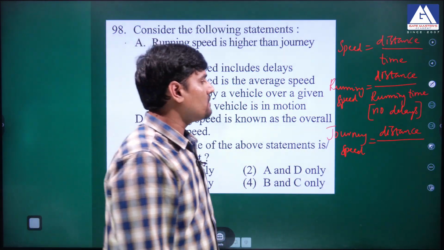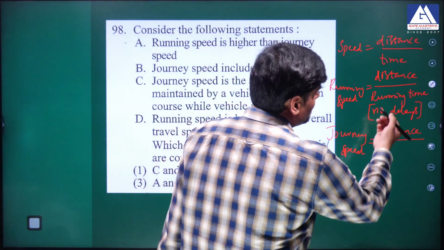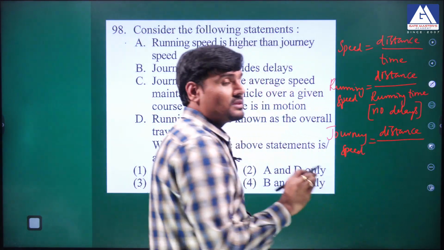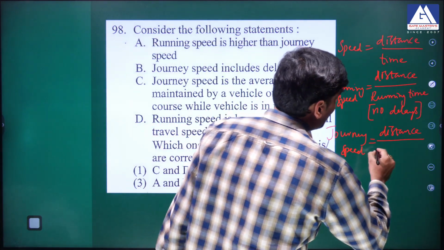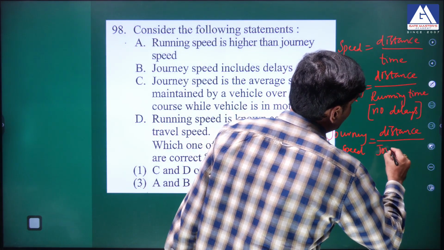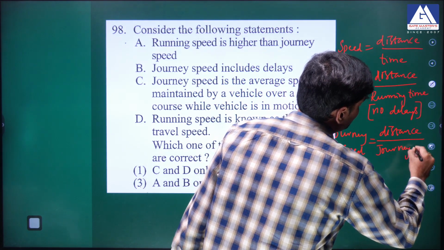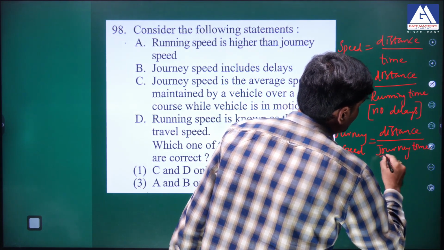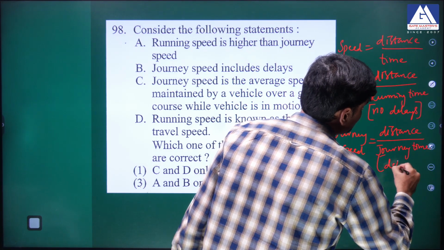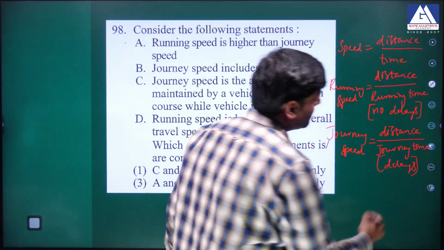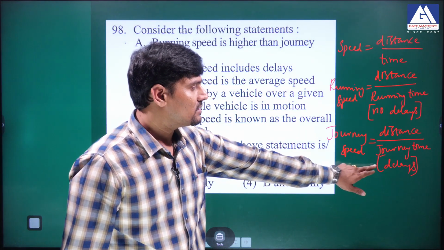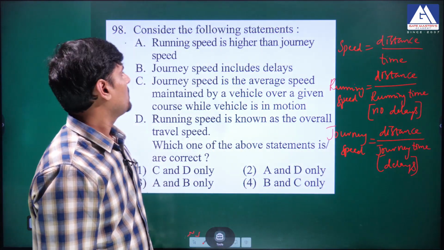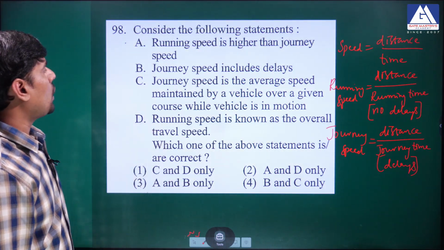So here the time that has been spent during the entire journey, or the overall time, also called journey time, includes delays. So the denominator of the speed definition is getting increased in the case of journey speed. Now let us try to look at the options.